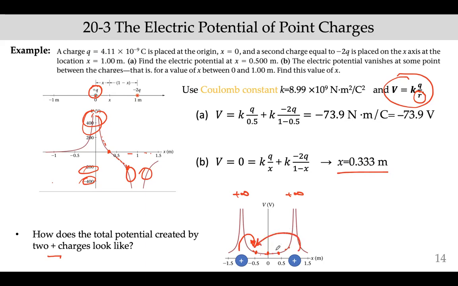So when you add positive numbers, you never get 0 or negative, you always get positive numbers. And you can see that in between, the potential never goes to 0, it's some positive value. In this case, at one point, it went to 0 because the potential from this one plus the potential from this one minus, they canceled at this point. So the potential was 0.